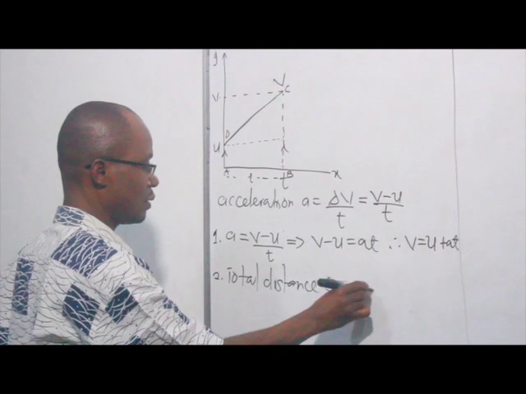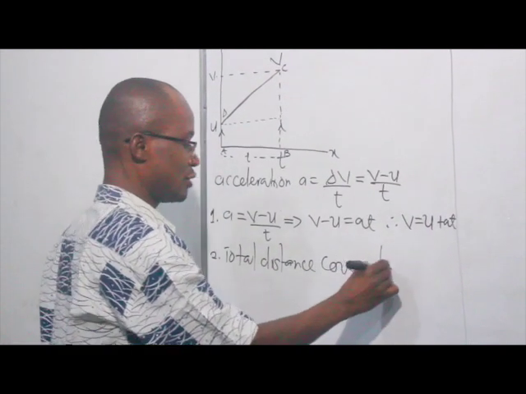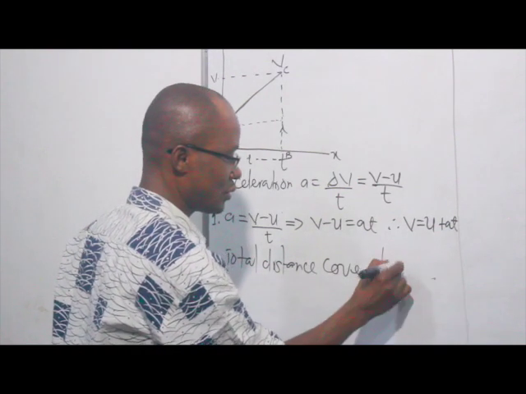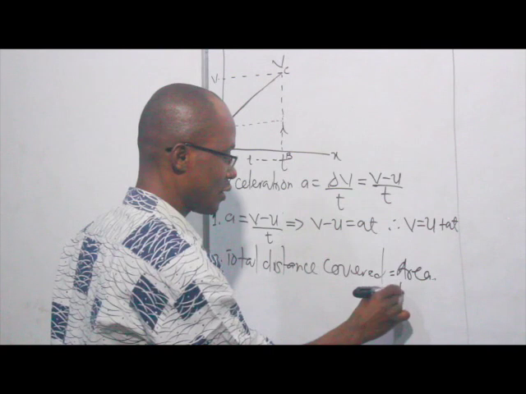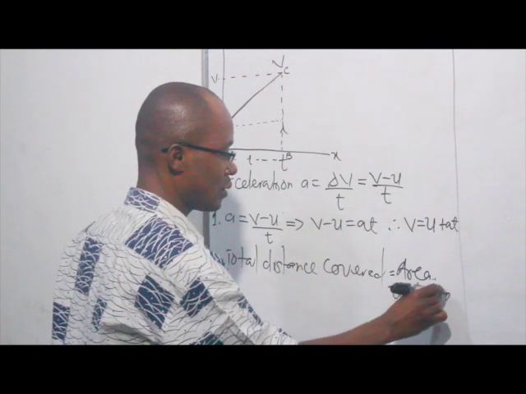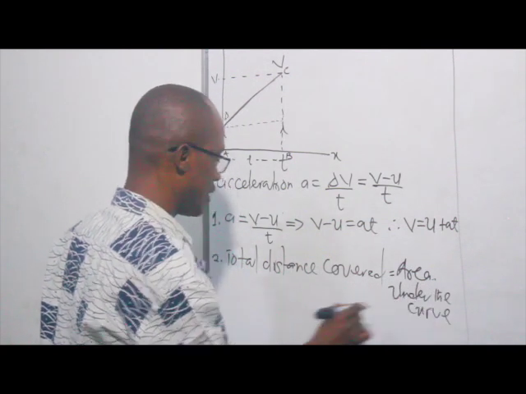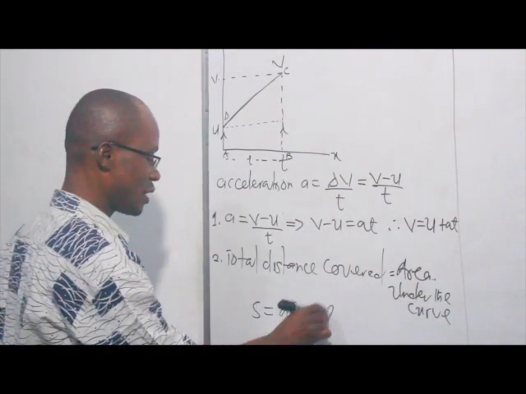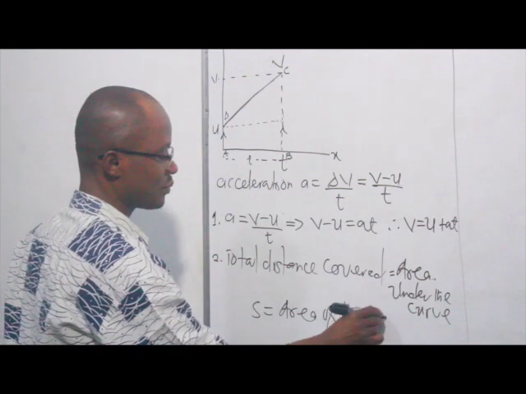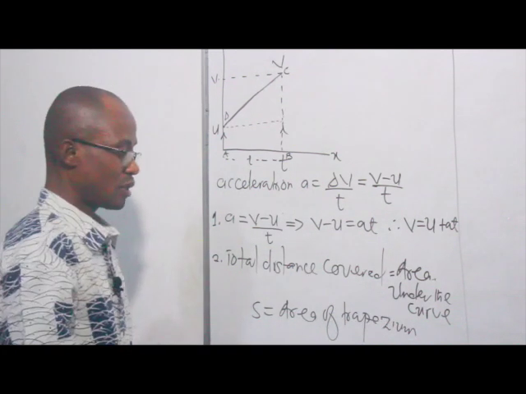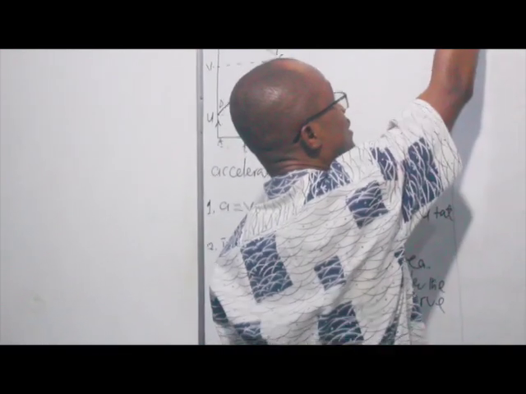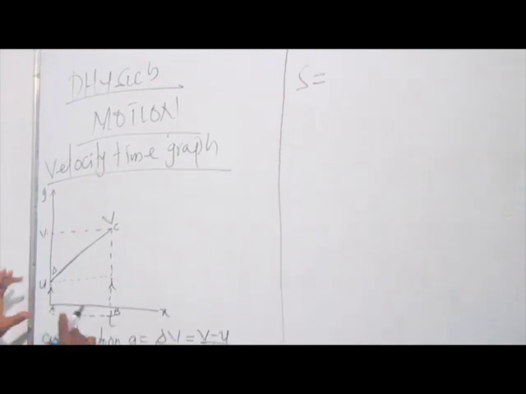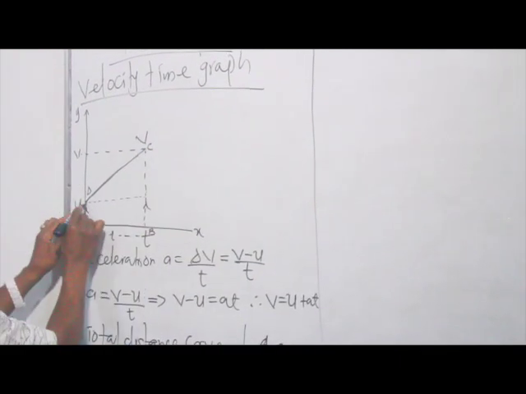Total distance covered is equal to the area under the curve. And the area under the curve, the total distance covered S, equals the area of the trapezium. The area of a trapezium is always defined as half the sum of the parallel sides times the perpendicular height.